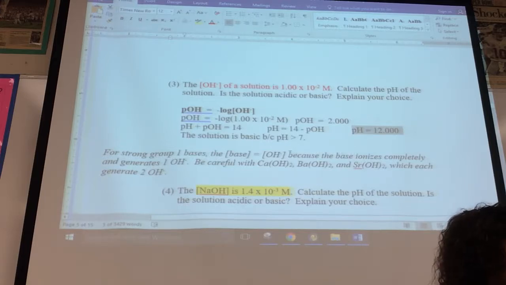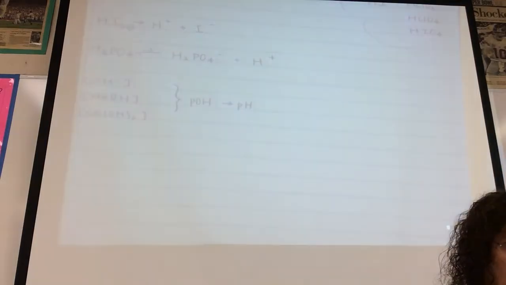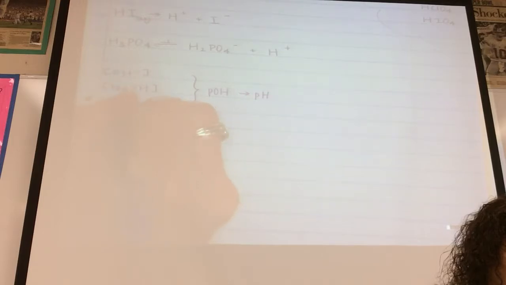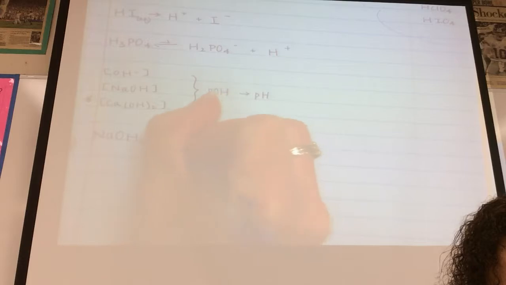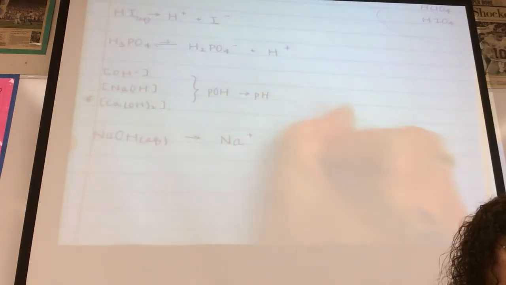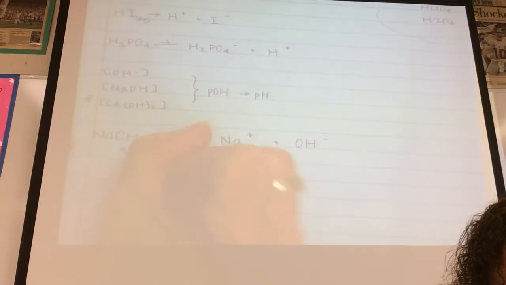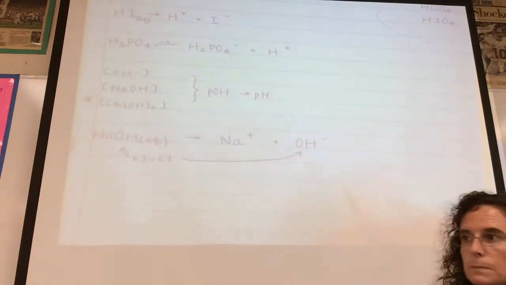Just the way we did acids, you can do the bases. So for strong group 1 bases, those concentrations are going to be the same. For example, we know strong bases ionize completely. So if you have sodium hydroxide, that's going to generate sodium ion and hydroxide ion, and these concentrations will be equal.